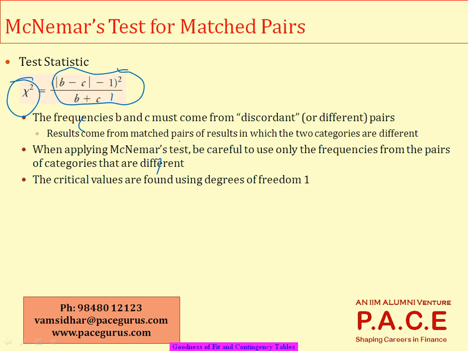Now you compare this with your critical value, which has a degree of freedom of 1 and a level of significance of 5%.